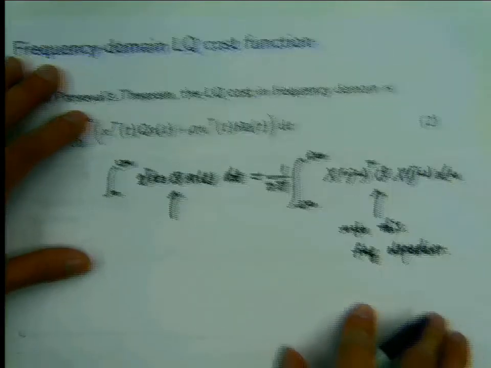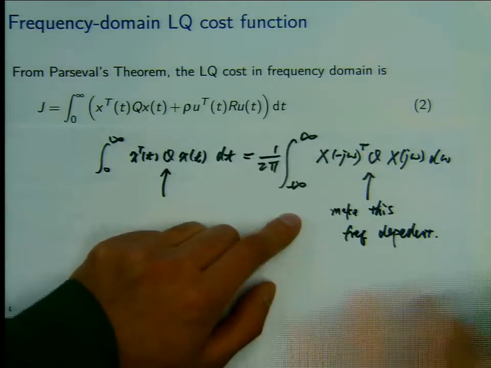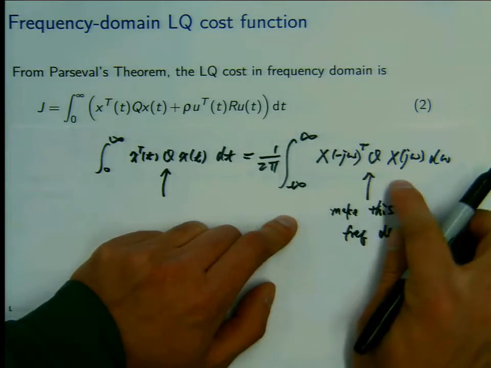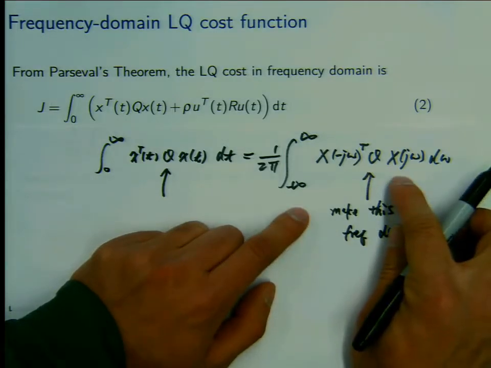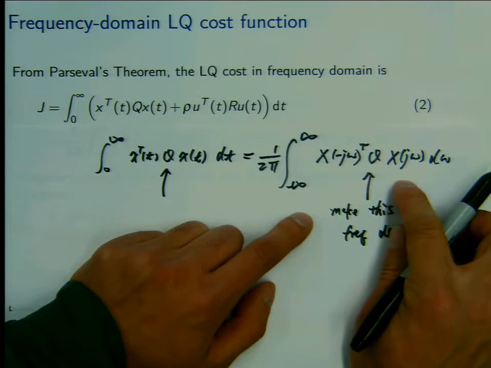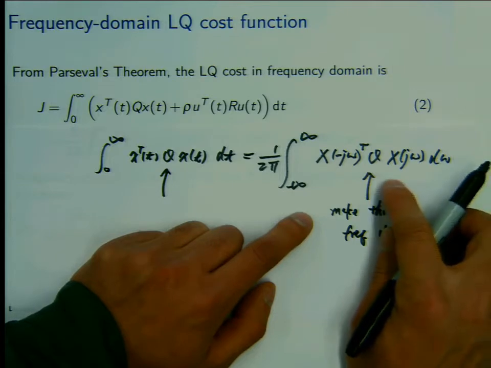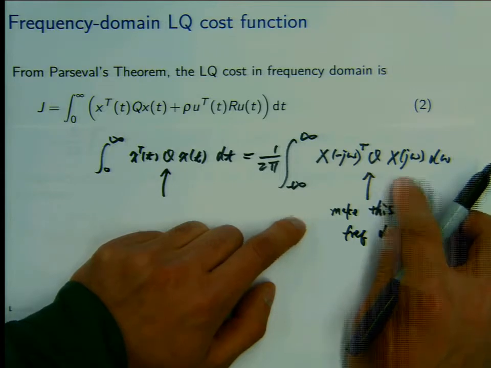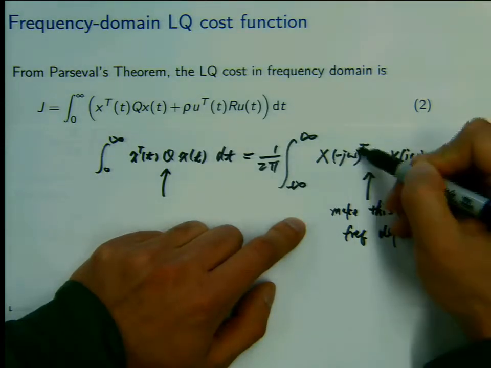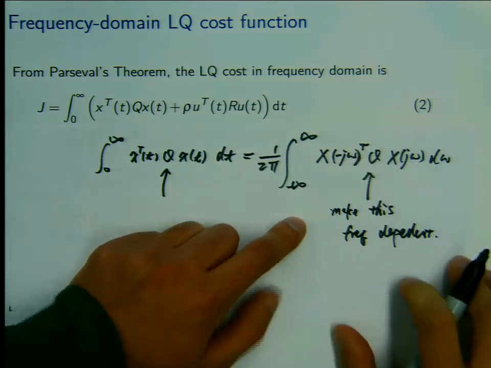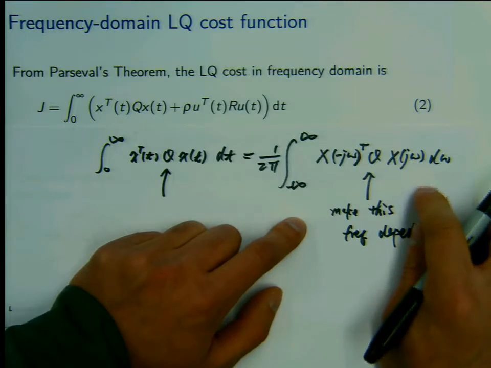For example, let me ask you: if X contains a lot of low frequency components, what should I choose for Q to better minimize this quadratic cost function?